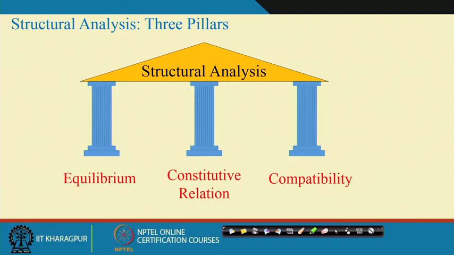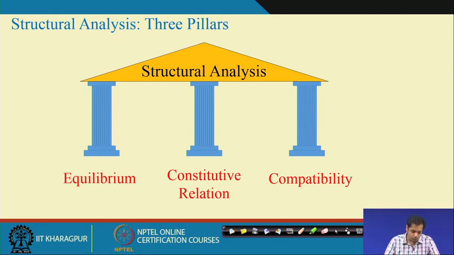Now, let us start today's discussion with the last slide of the previous class. You remember in the previous class we discussed there are three pillars of structural analysis. One is equilibrium, which tells you how the different forces, internal and external, are related to each other. Then you have compatibility on the other end.